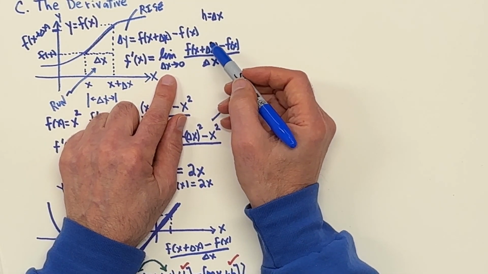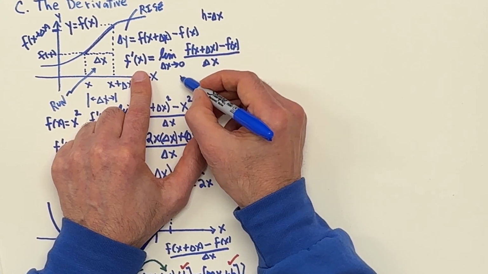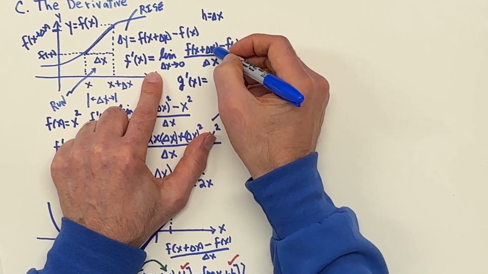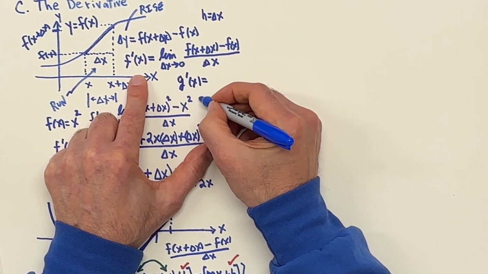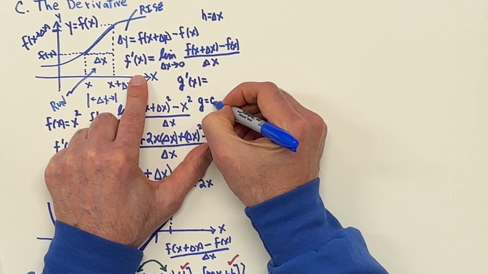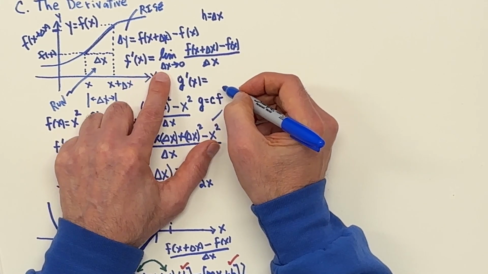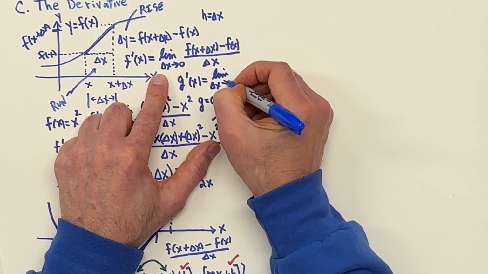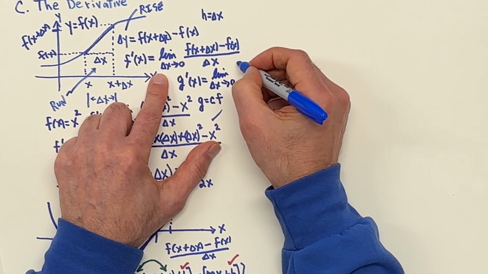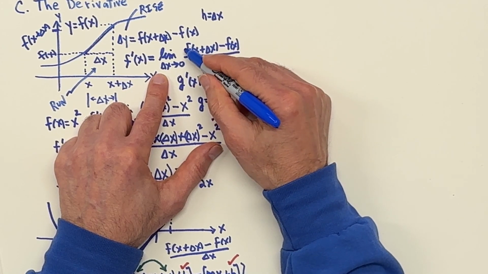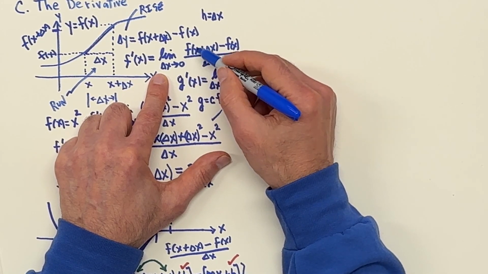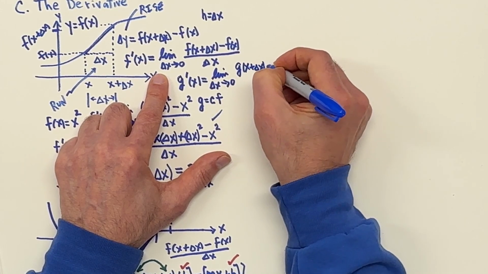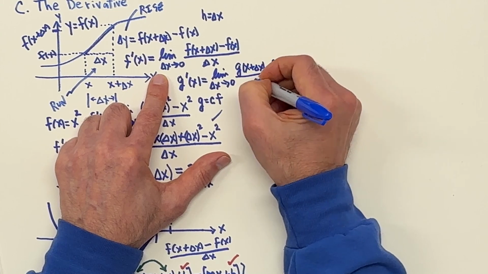If we come up here and say we have a new function that's g prime of x, where g is going to be equal to c, a constant, times f, then I would have the limit of delta x going to 0 of g of x plus delta x minus g of x over delta x.